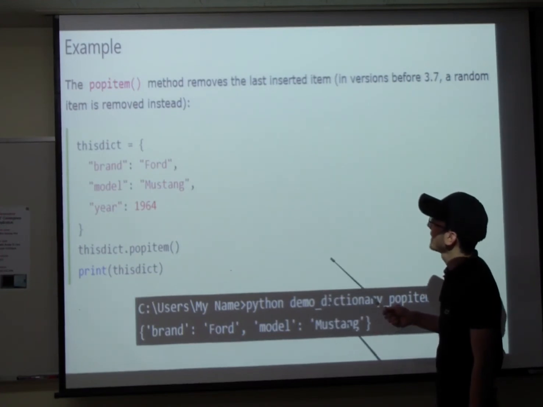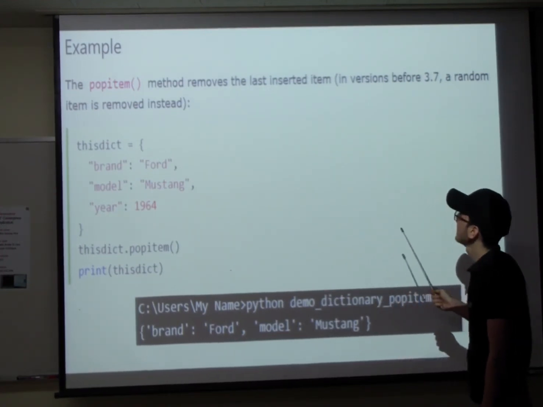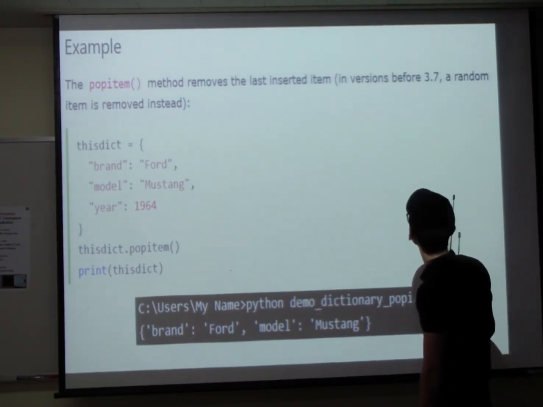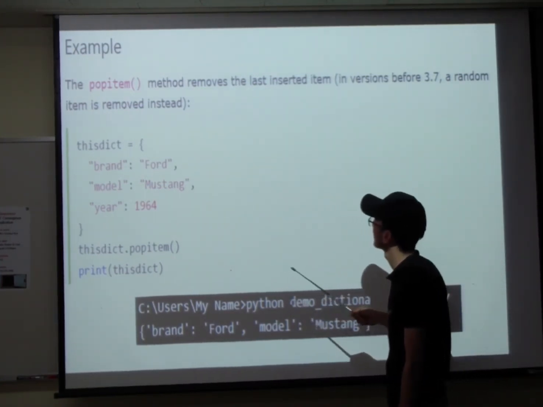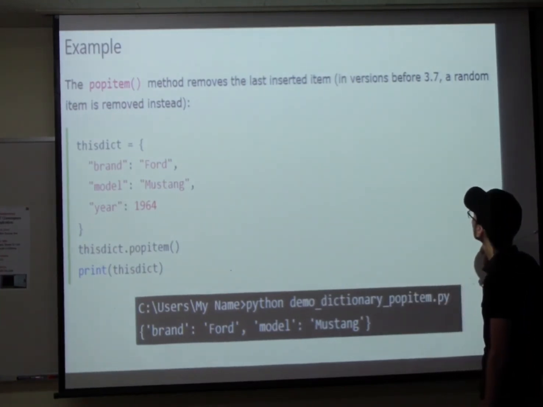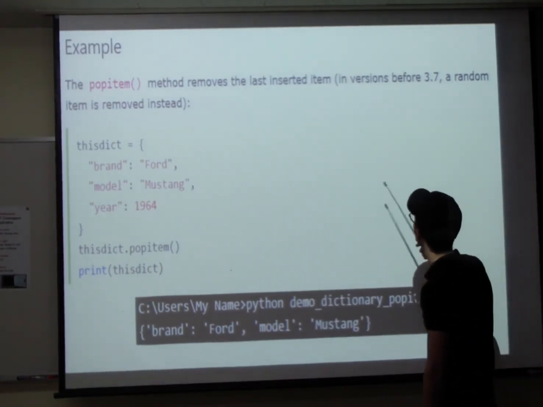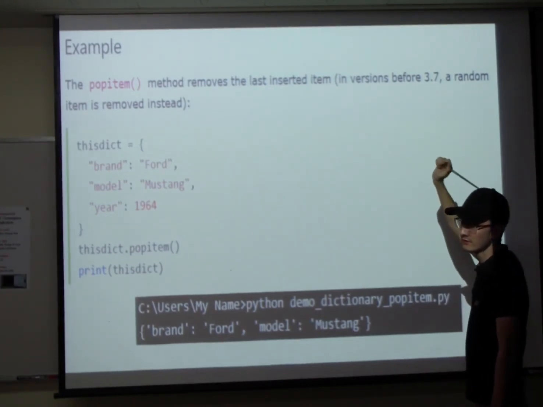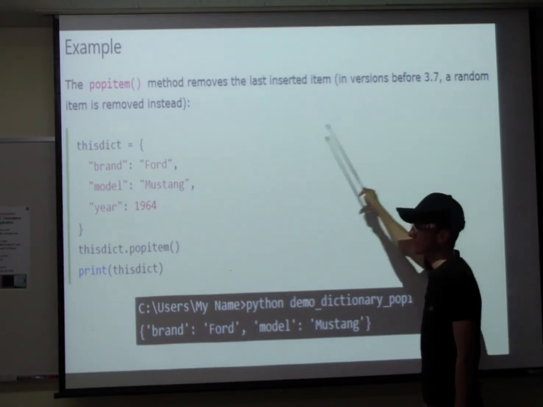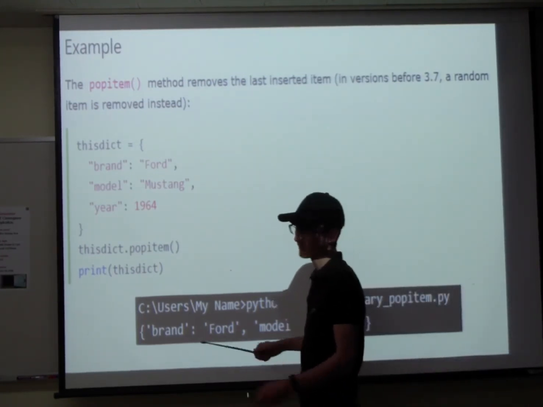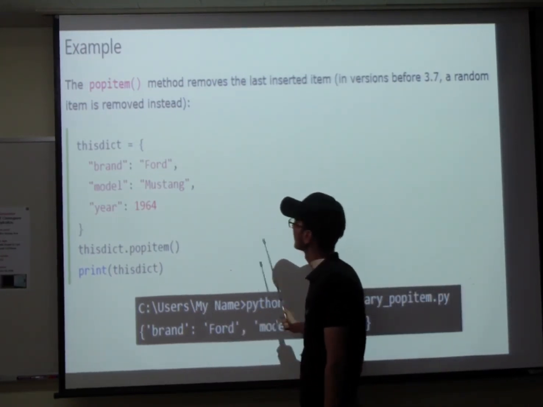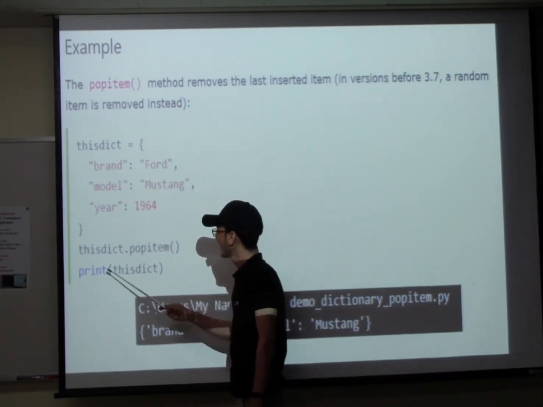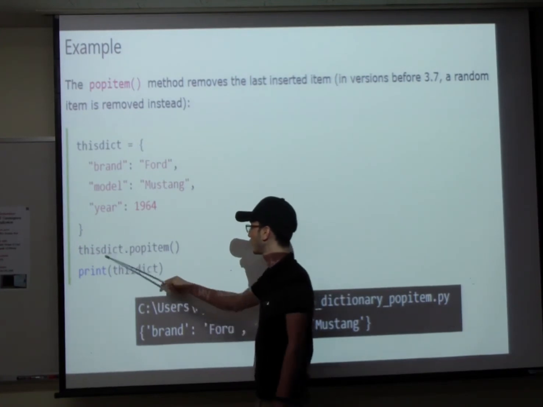Now, the popitem method removes the last inserted item. In versions before 3.7, a random item is removed instead. So in version 3.7, this is the Python version, it will randomly remove. But in the previous versions, it will remove in this way. We have a dictionary, and this is our dictionary.